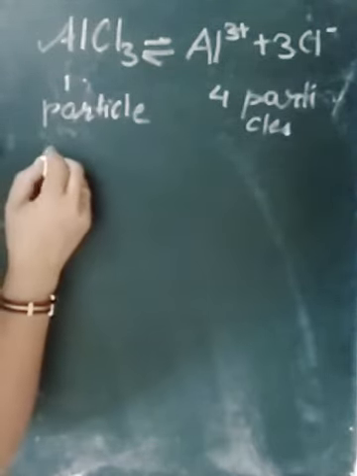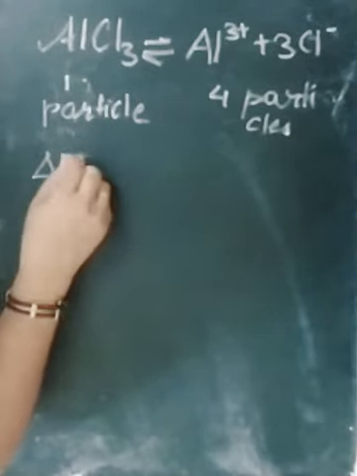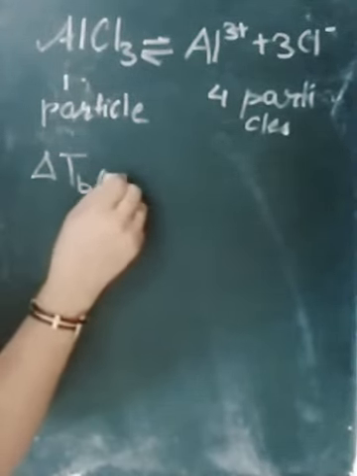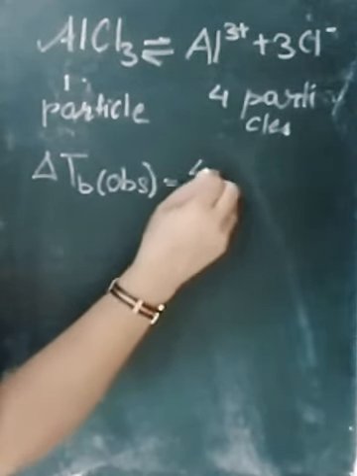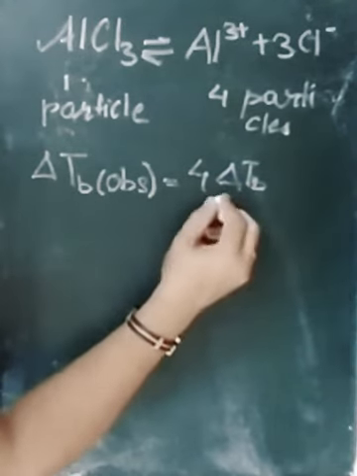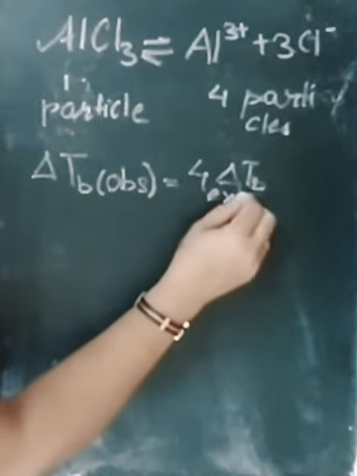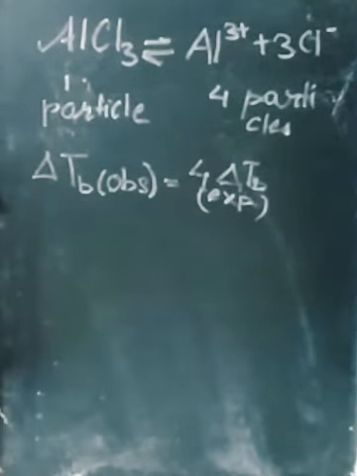So the value of colligative property will also become 4 times. Del TB observed value will be equal to 4 times del TB expected or calculated.